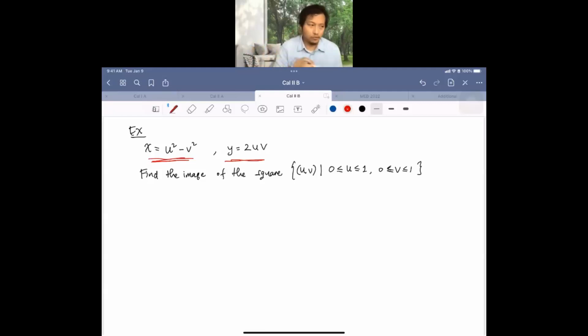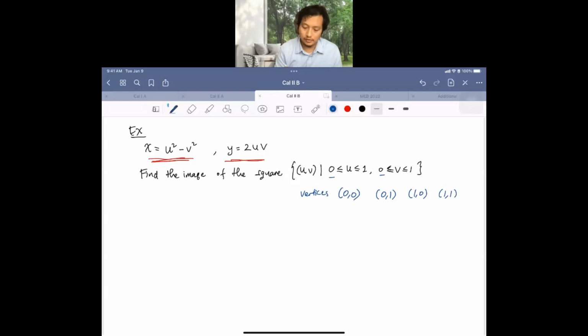Now we have the square. Let's say we are defining all the vertices. So the vertices for uv start from (0,0), right? And we also have the vertices (0,1), (1,0), and (1,1). So we have a square of 1 multiplied by 1.